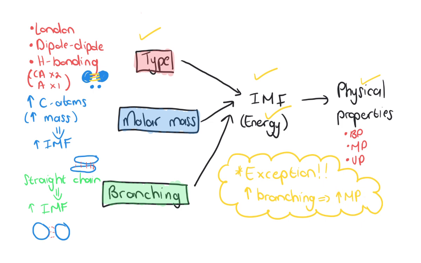So that's the only exception, it is with your melting point and your branched molecule. So just make a note of that. But otherwise, that is all you need to know about answering the questions on the intermolecular forces.